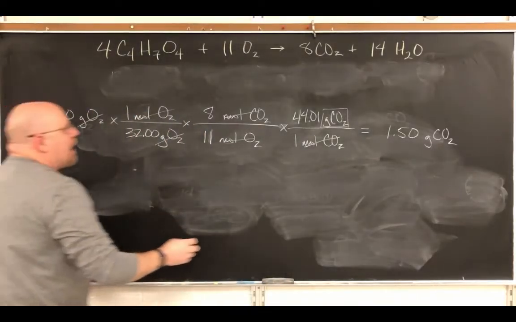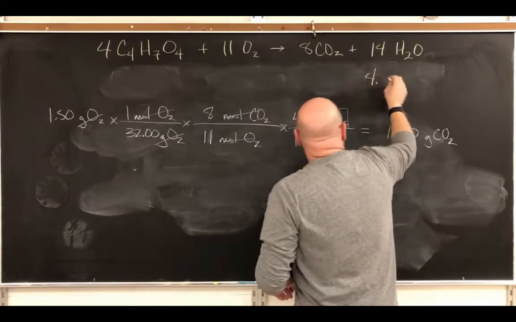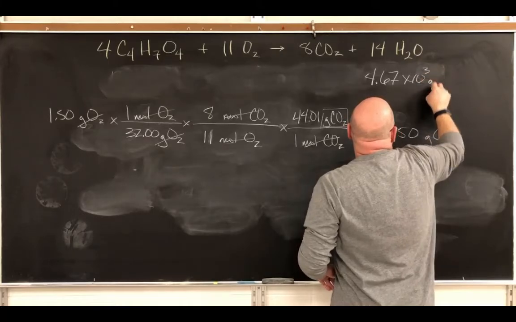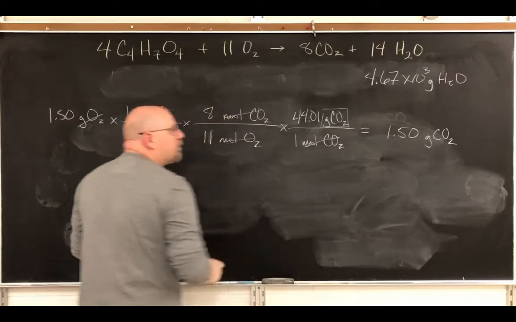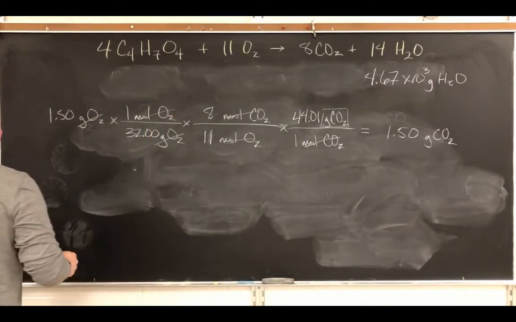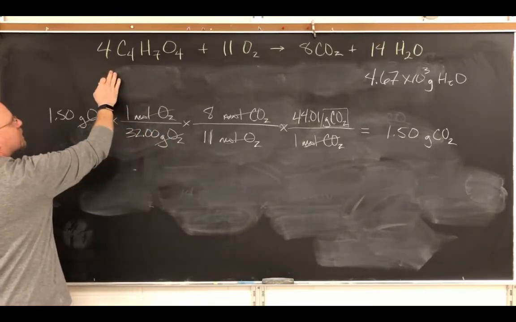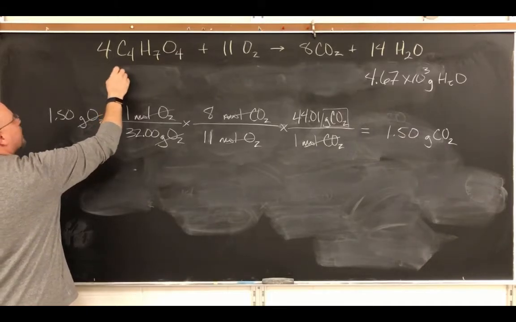If I had 4.67 times 10 to the third grams of water, so that's 4,670 grams of water, and I wanted to know how much of this compound reacted to form that.